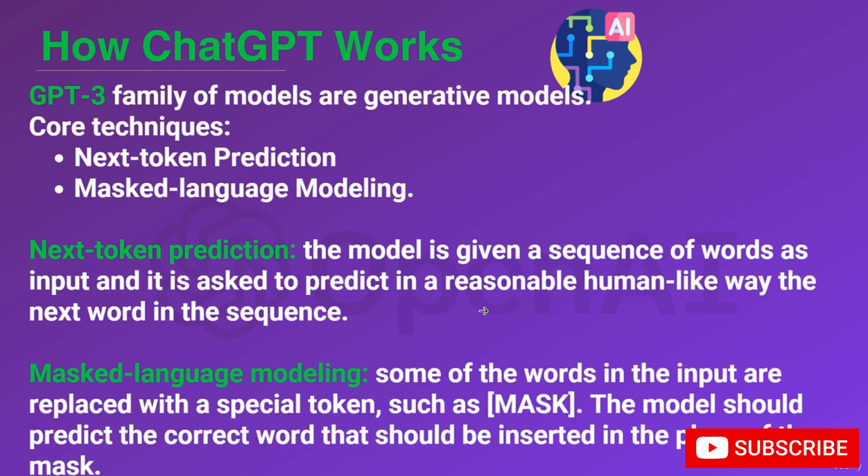And the masked language modeling approach is a variant of the next token prediction, in which some of the words in the input sentence are replaced with a special token, such as mask. The model is then asked to predict the correct word that should be inserted in the place of the mask.